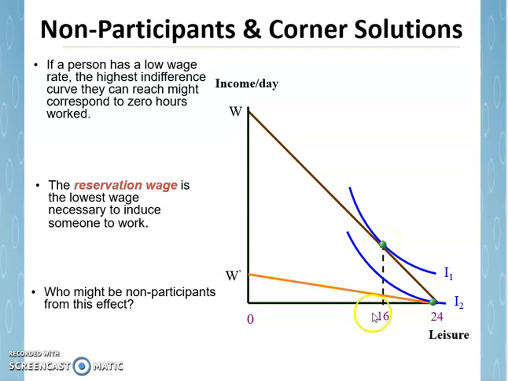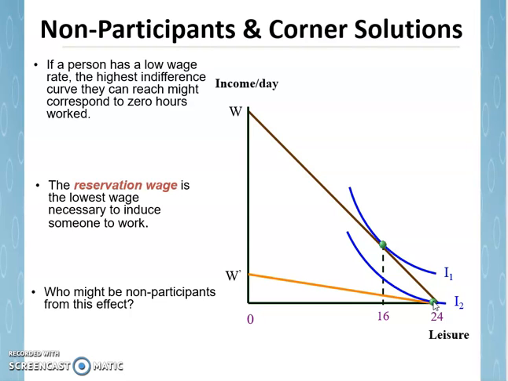That corresponds to 16 hours of leisure and therefore 8 hours of work. Imagine that this person, for one reason or another, experiences a decrease in wages. So instead of W being their market value, it's now W prime. That rotates our budget constraint down and creates this new constraint and a new optimal outcome.